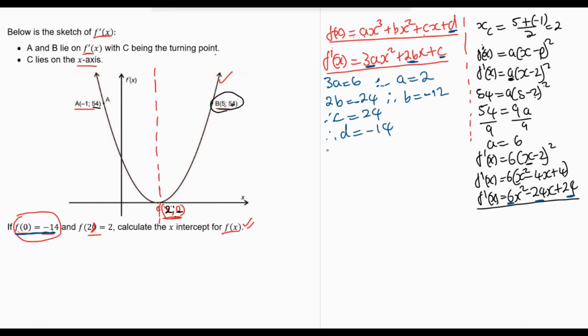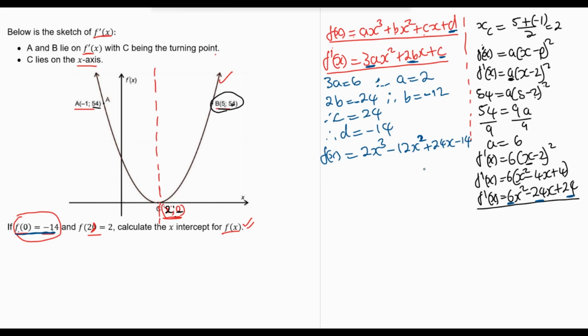Therefore, the equation of f of x is, our a is 2, so it's going to be 2x cubed. Then our b is negative 12, so negative 12x squared, and then c is 24, so plus 24x, then d is negative 14.